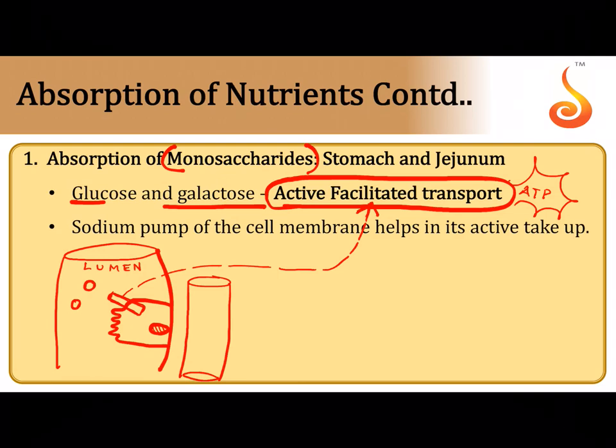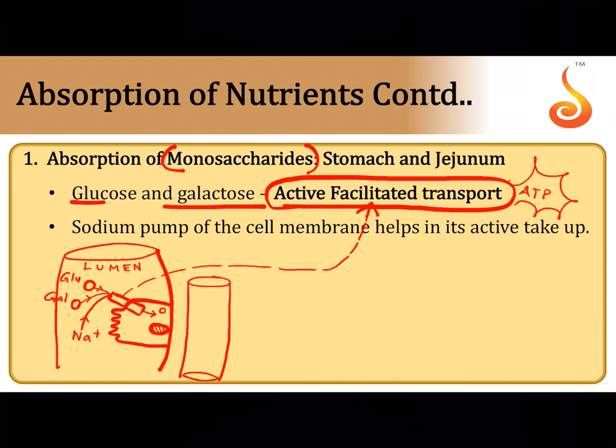But why is it called active transport? Especially glucose and galactose, when they need to get absorbed, they cannot go in on their own, but they require a helper ion which is sodium ion, and this sodium ion needs to help this entry of glucose and galactose through this transporter into the mucosal cell.